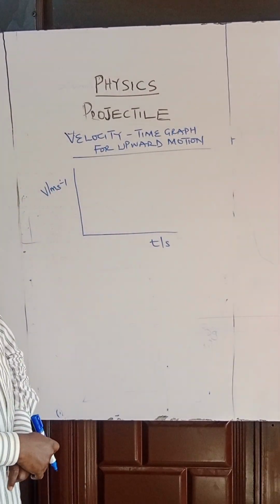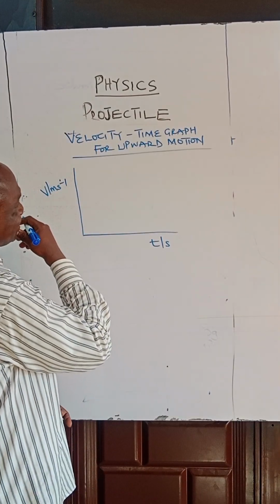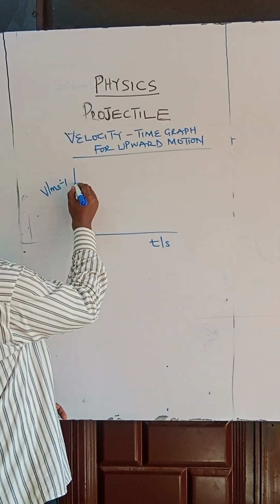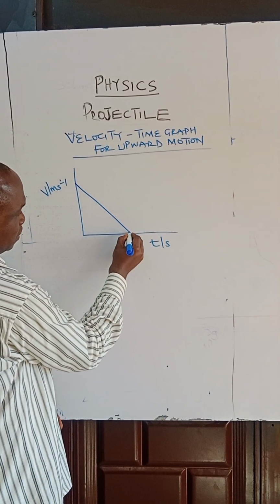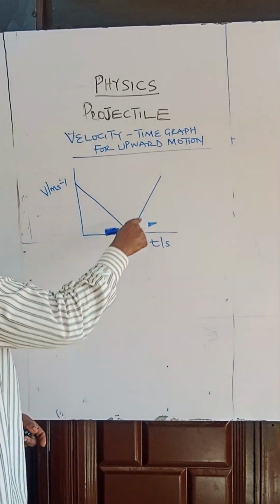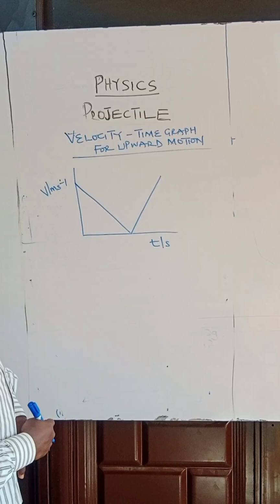When you sketch this graph for upward motion, it looks like this. This is the graph of velocity against time for upward motion.